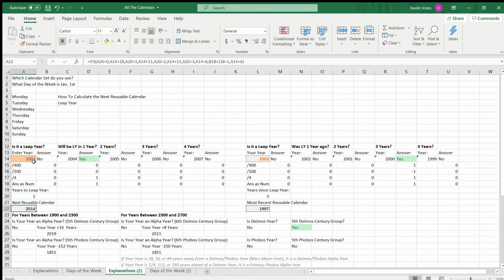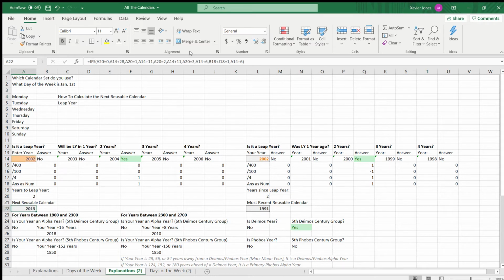So for this case, we have 2003. That's 1 year away from our next leap year, which would be 2004. So we're going to add 11 years to this. Our next reusable calendar will be in 2014. That means that our 2003 calendar and the 2014 calendar are the exact same. And that's the same exact thing with 2002. It is also 11 years.